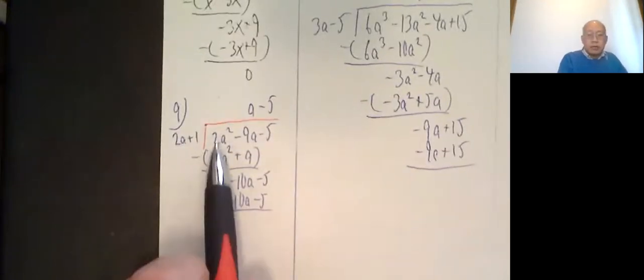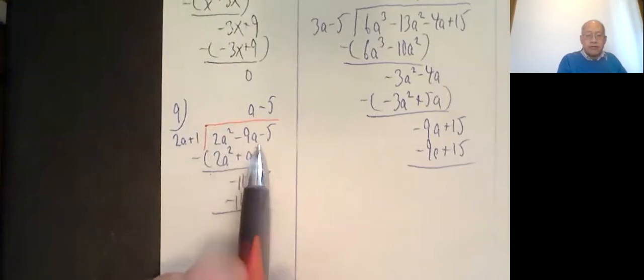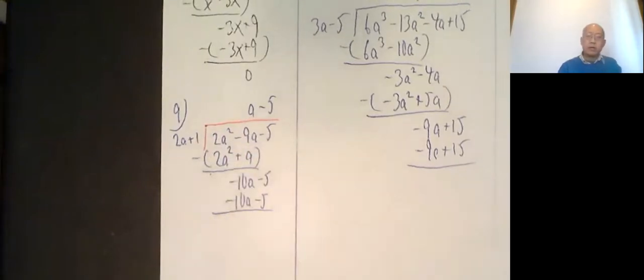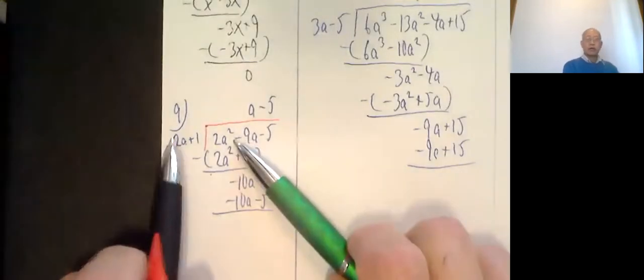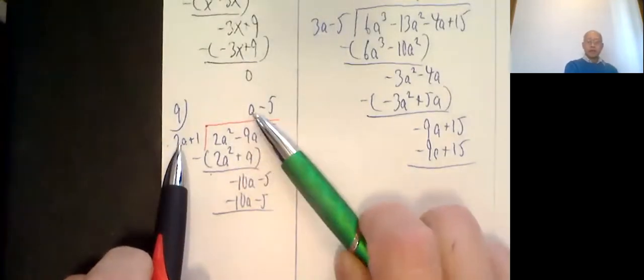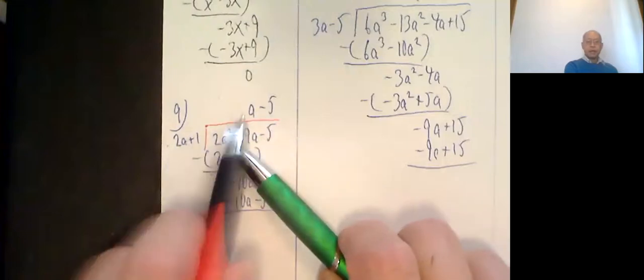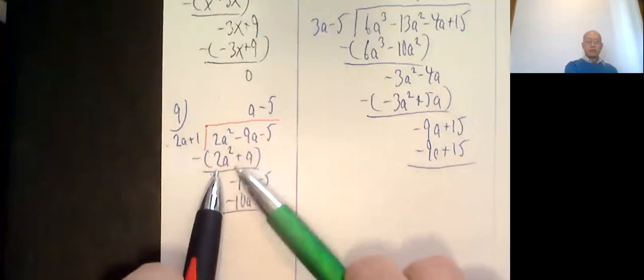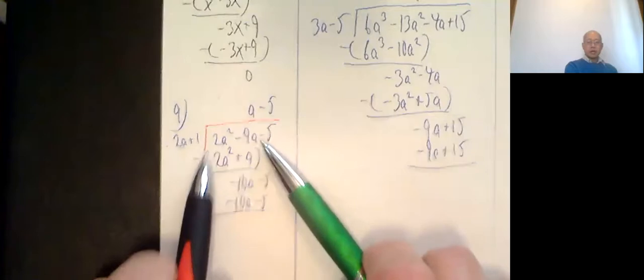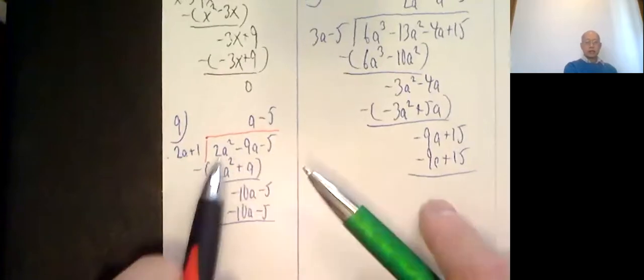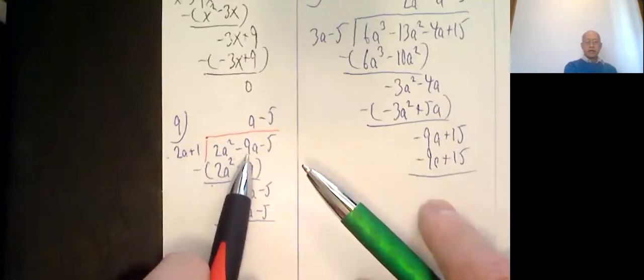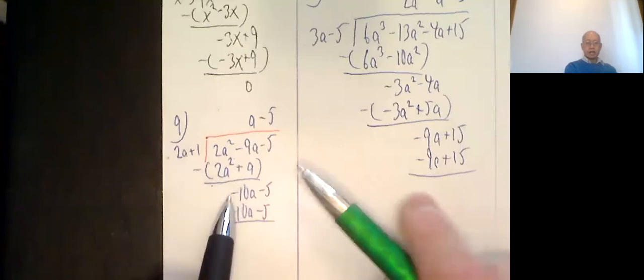Okay, number 9, 2a squared minus 9a minus 5 divided by 2a plus 1. First thing here, first thing here. How do you go from there to there? You multiply by a. A times this whole thing is 2a squared plus a, parentheses, subtract. This cancels out. Negative 9a minus a is negative 10a.